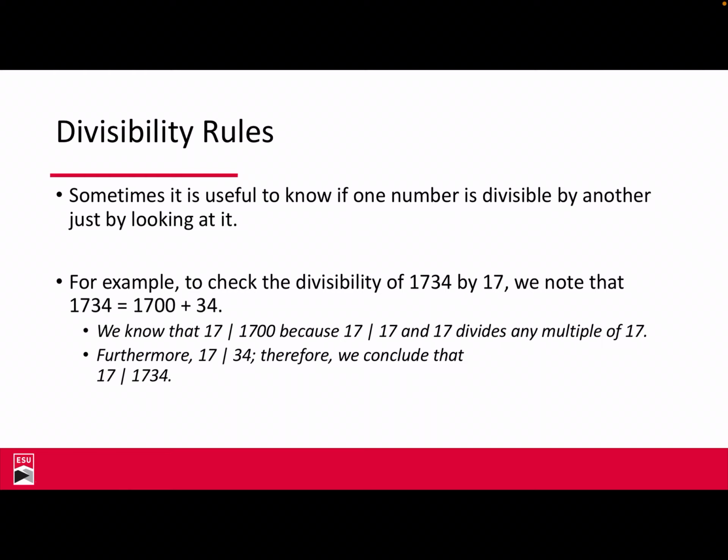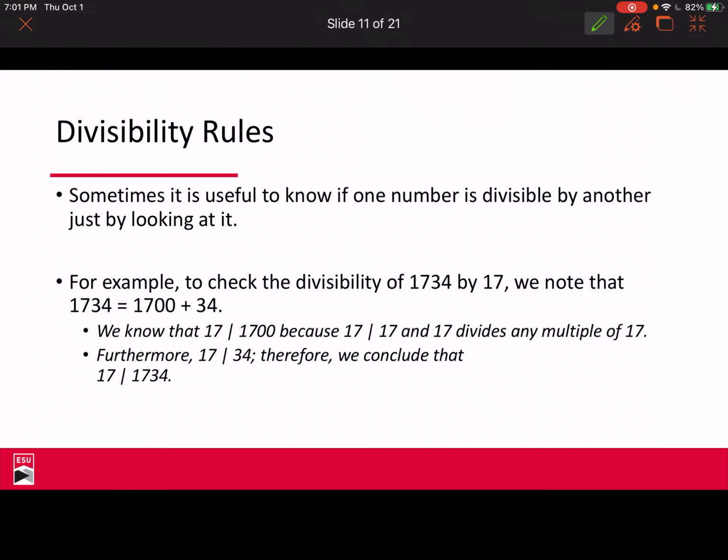So we now have talked about what divisibility is and the equivalent way to think about it. Like if A divides B, that's the same as saying B is A times some Q, right? That there exists some other number Q. Well, just in existing in the world, we often just want to know if something is divisible by another number just by looking at it.